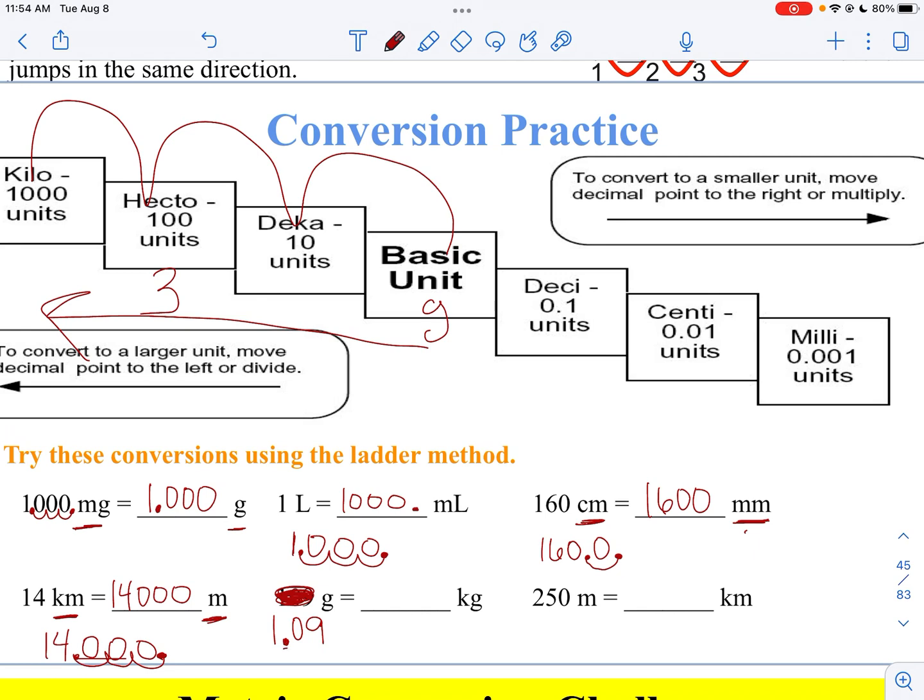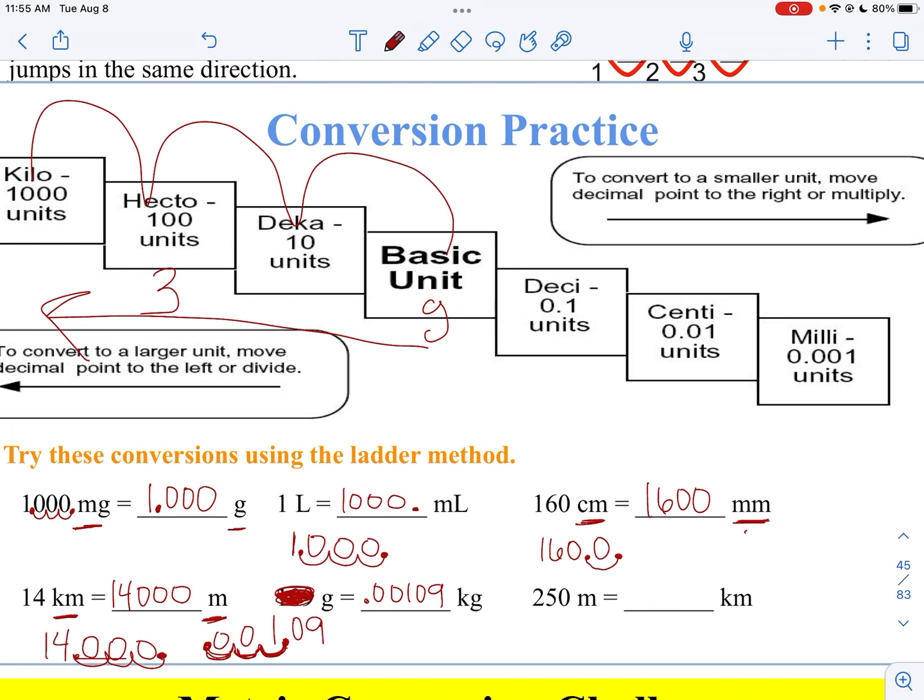So that means I have to move this decimal 3 steps to the left. 1, 2, 3. Fill in my goose eggs. Oh, whoopsie, I got too many goose eggs. There we go. Because see, my 1 is sitting in this little loop right here, but then I had this little loop and this little loop that needed a 0. So my final answer is 0.00109.